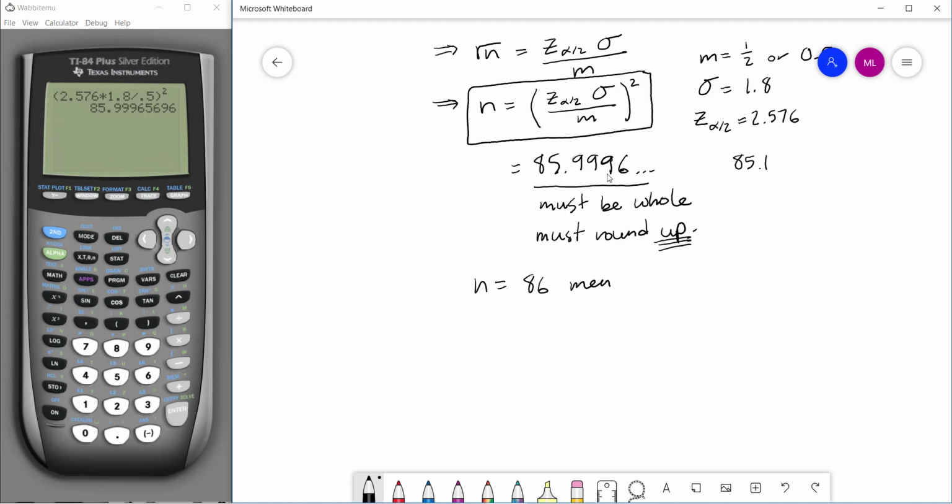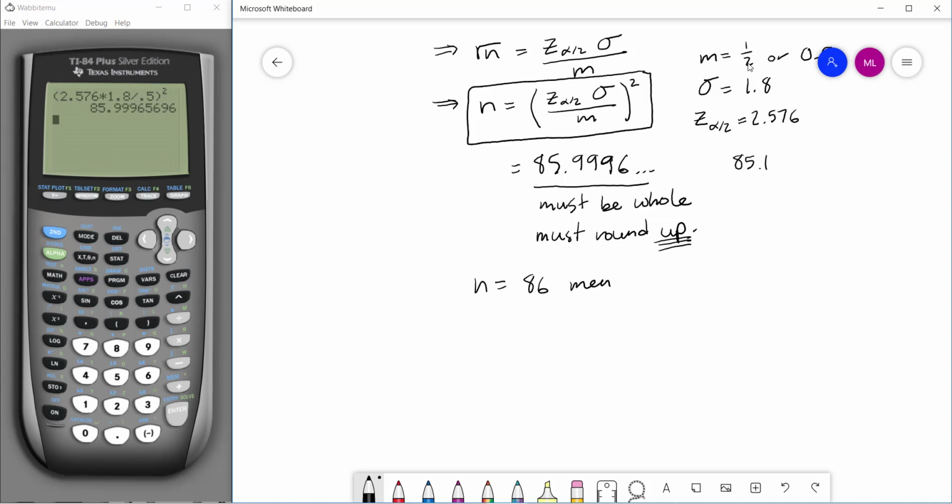Well, the idea is that n is the smallest sample that we can take to ensure that our margin of error is of the required size that we're looking for, in this case 0.5. If it required 85.1 men, but I rounded down to 85, we wouldn't quite be able to satisfy the margin of error of 1/2 that we were looking for. We'd be really close, but we couldn't quite get what we were promising.